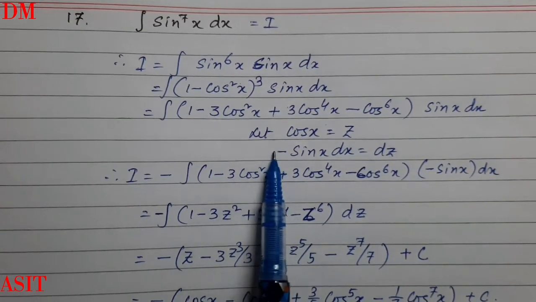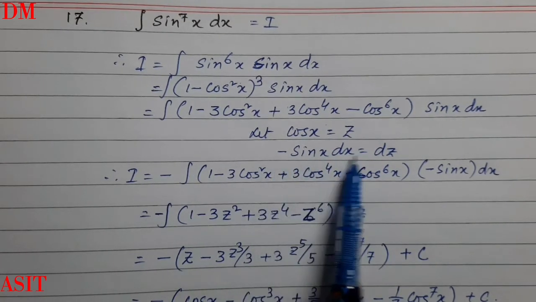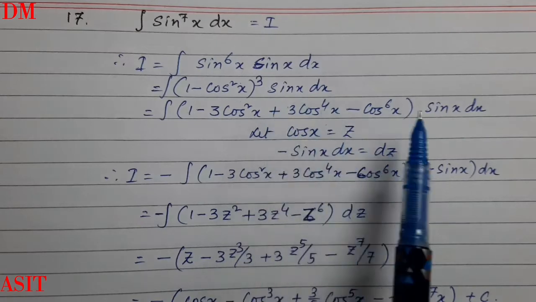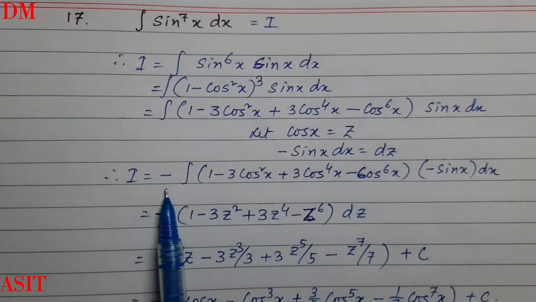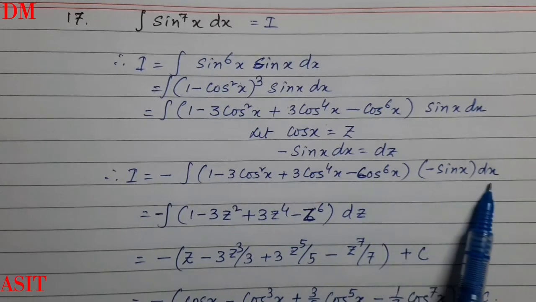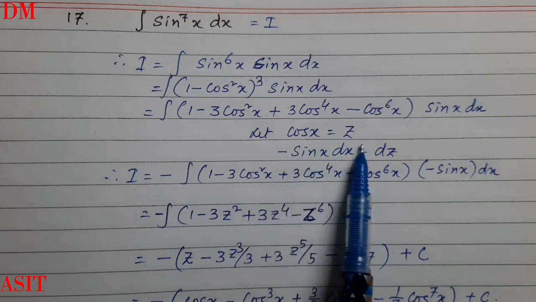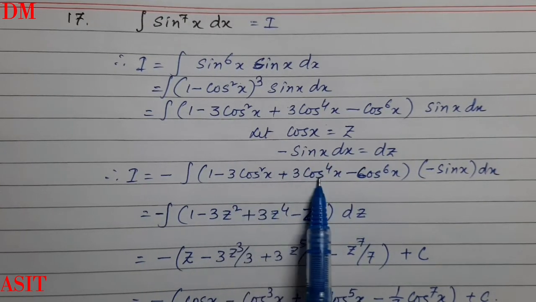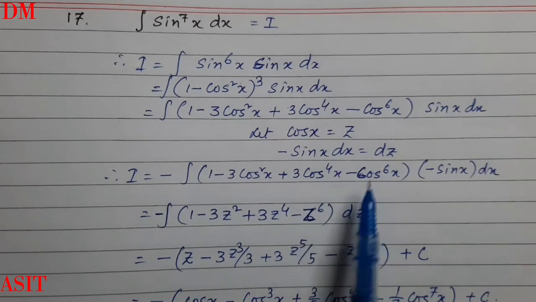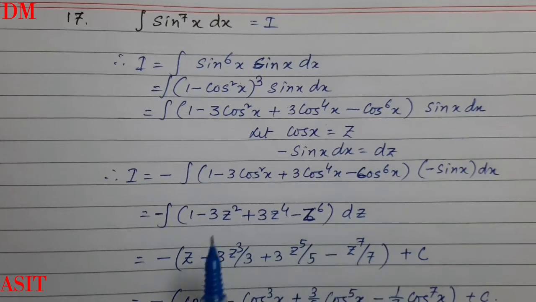Now we will consider cos x as z, so minus sine x dx will be dz. We need to adjust the minus here, so we multiply by minus. Minus sine x dx will become dz, and all the cos x will become z. So it will be 1 minus 3 z square plus 3 z to the power 4 minus z to the power 6. Now simply integrate them.